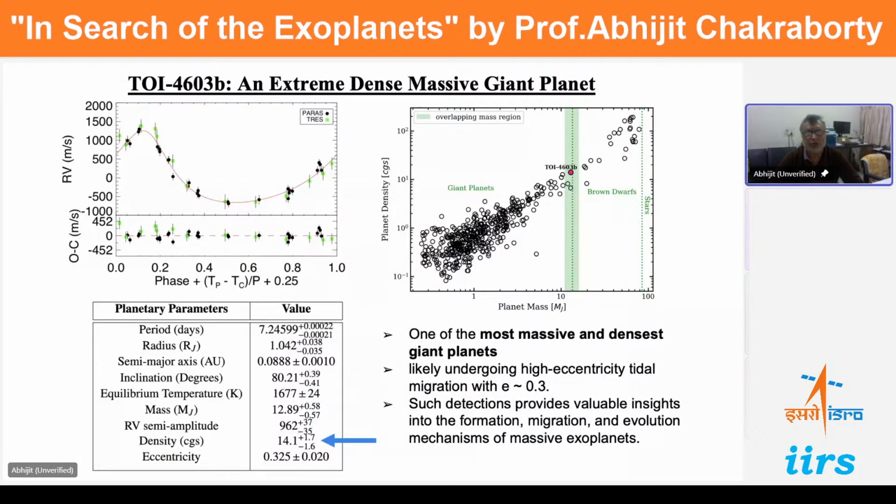In the solar system, Earth and Mercury are the densest planets, and they are almost the same. Mercury is 5.4 and Earth is 5.5, whereas this planet, which is the densest and most massive, has a density of 14.